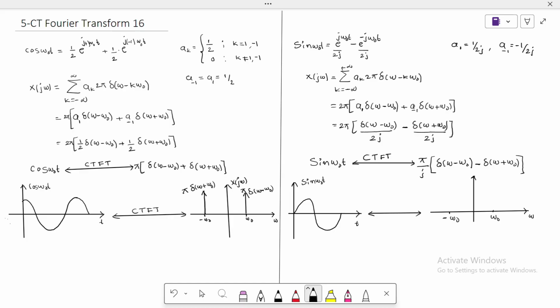This is the impulse at omega naught, so it is shifted to the right side. This is shifted to the left side.